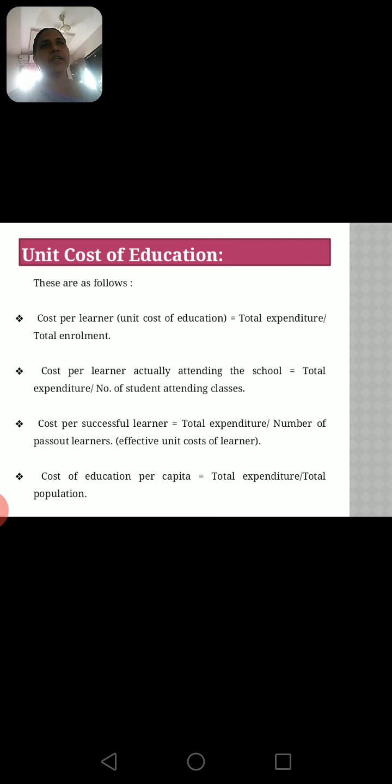Number 3, cost per successful learner, also called effective unit cost, is obtained from total expenditure divided by number of pass-out learners. Number 4, cost of education per capita, is obtained from total expenditure divided by total population. These 4 are calculations for unit cost of education.